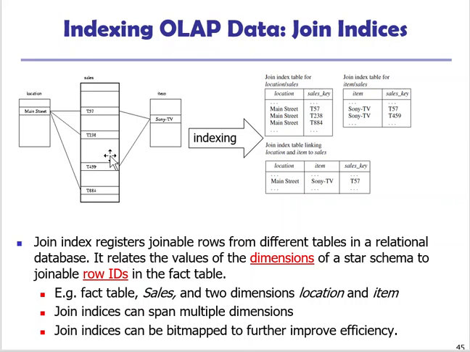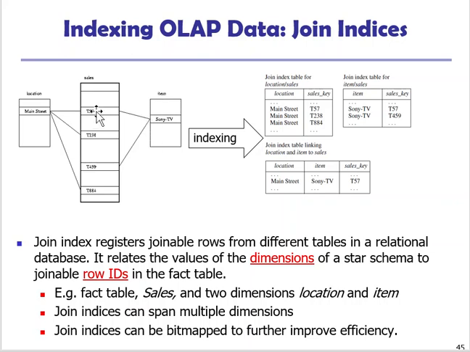So here what we have is our fact table. In the fact table, we have the record ID for the rows in the fact table, but also the foreign keys pointing to the dimension tables, remember? Here our dimension tables are location and item.